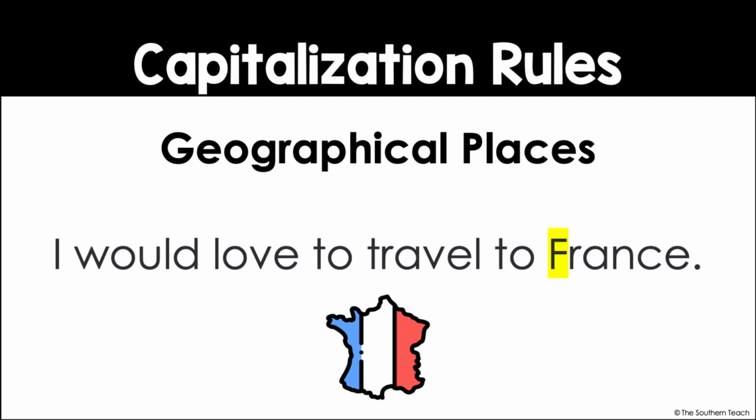So Texas, Oklahoma, Arkansas, New York, Washington, Louisiana, Florida. I'm not listing all 50 of them. But you get the idea that if you are talking about a geographical location, then you would capitalize the first letter in that word. And if you need to pause to write the sentence, please do so and then keep going when you're done.